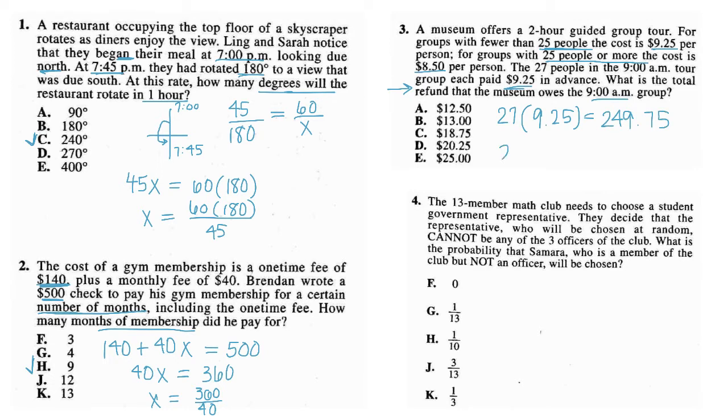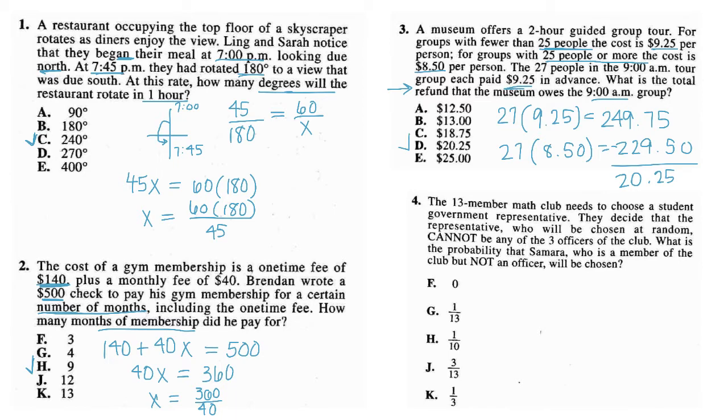And we need to multiply really what they should have paid, which is $8.50. And that's going to give us $229.50. And really the refund would be the difference in these two. So I'm going to take these two numbers and I'm going to subtract them. And so that's going to give us $20.25. So the correct answer choice here should be D.